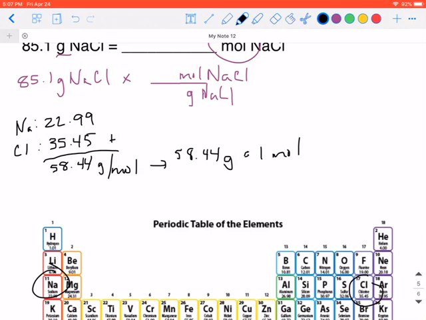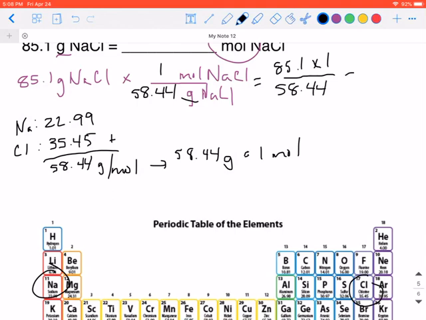So this time, we were putting the grams on top with this number, but since grams is down here now, the 58.44 is going to be there, and then 1 mole up top. So now, when I do this calculation, I'm going to get 85.1 times 1, divided by my bottom, which now is 58.44.